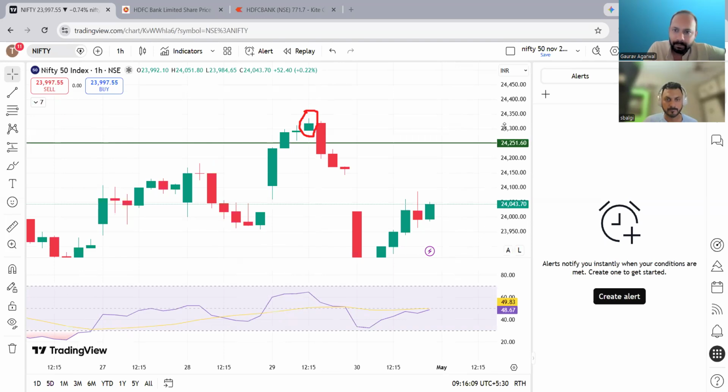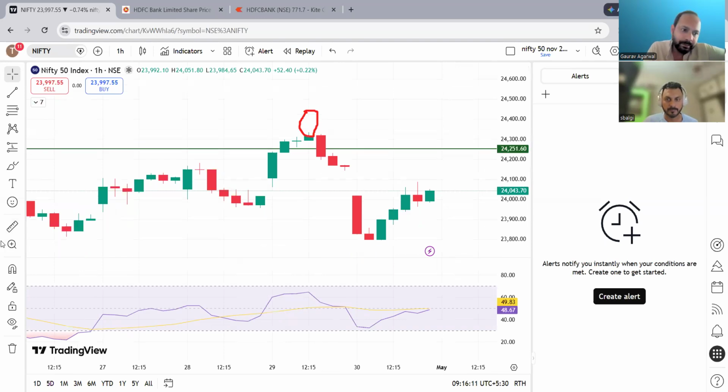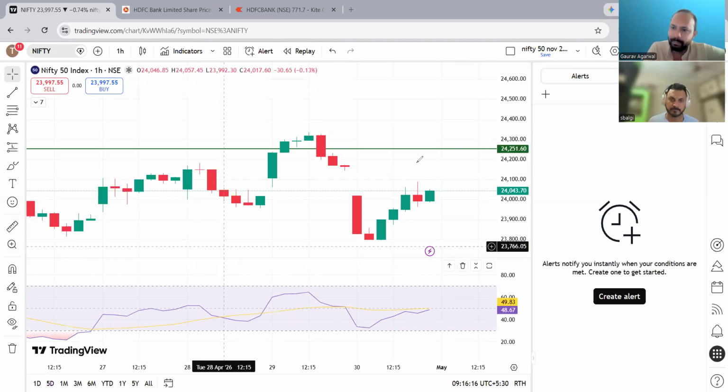But see, nothing is 100%. It means all the time it may not work. Like 60-70% it will work. It's not that 100% if a hammer is formed, it will come down or go up from there. See here at the top, there was an uptrend, and you can see a hammer is formed and after that the downtrend started, right?